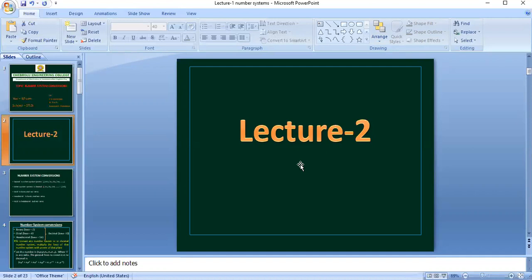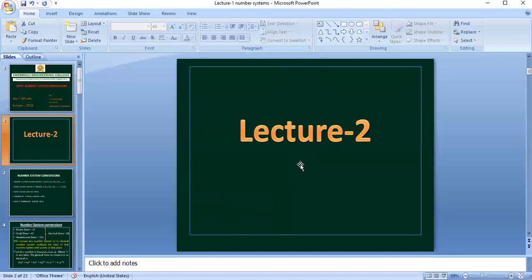And one hexadecimal digit is equal to 4 bits in binary. If you want to represent a hexadecimal digit in binary, you need to represent it with 4 bits. So all these we discussed in yesterday's class.